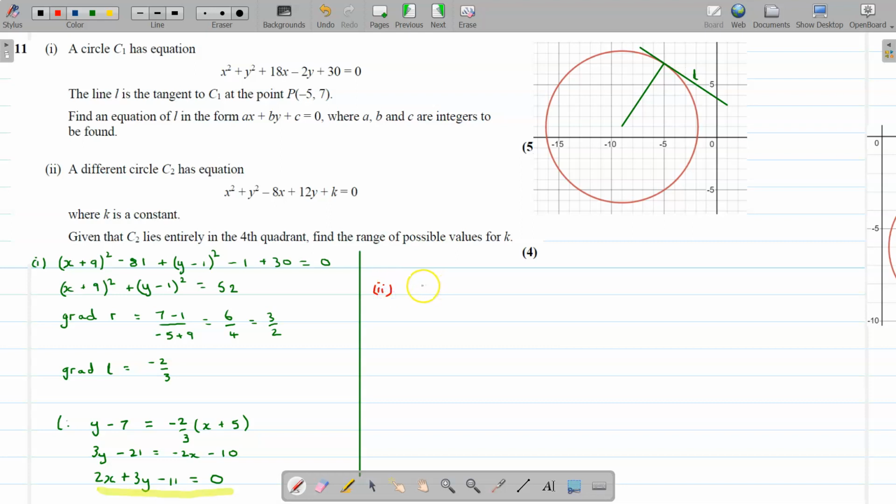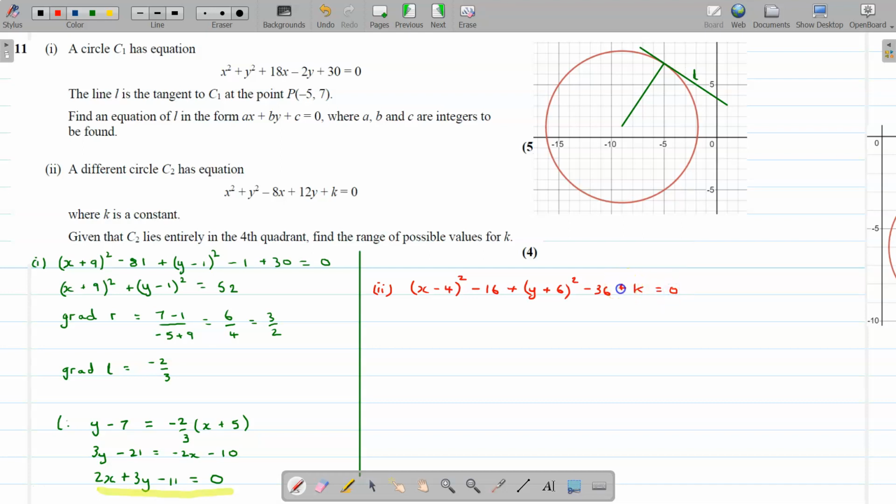We have x minus 4 all squared by completing the square with the leftovers of 16, and we then have y plus 6 squared, minus 36 plus this value k equals 0.